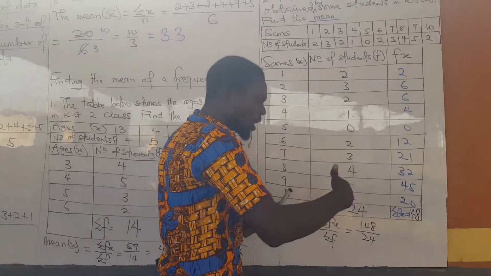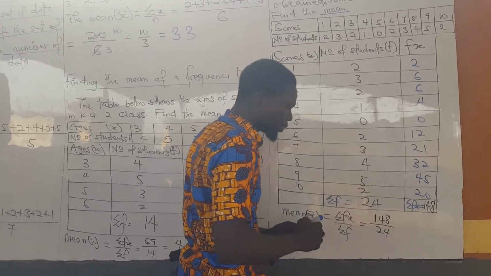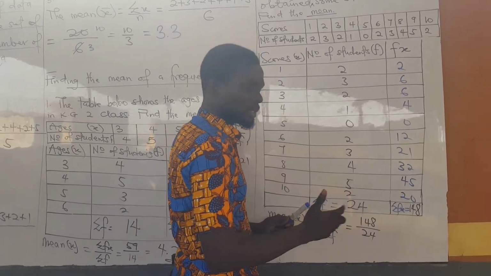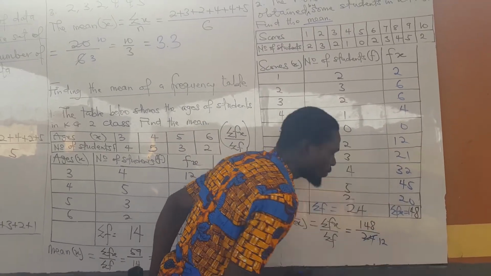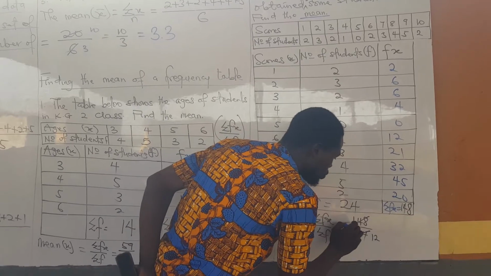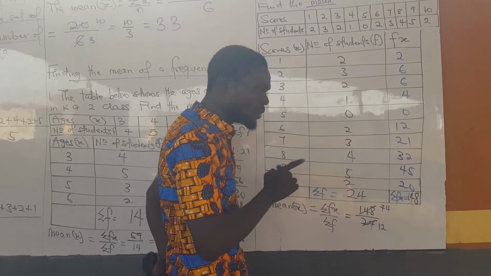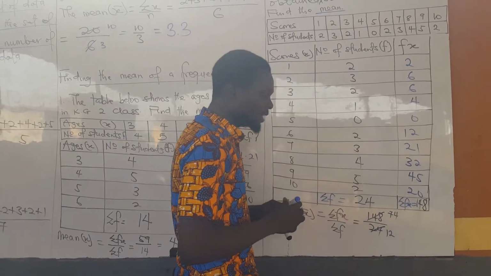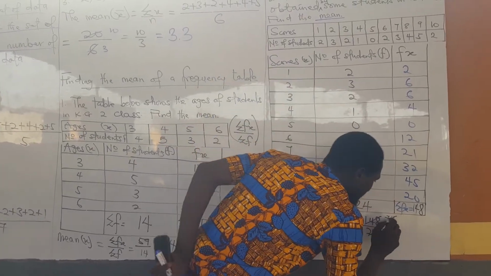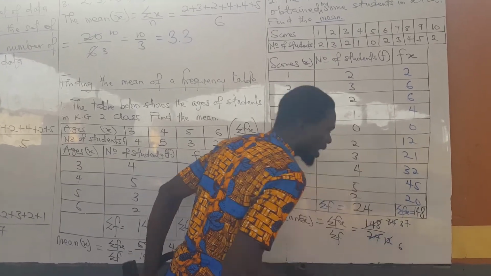We try to cancel out to get the lowest value. 2 can go into both values. 2 will go into 24 12 times, and 2 will go into 148 74 times. Again, we can use 2 to simplify. 2 will go into 74 37 times, and 2 will go into 12 6 times.